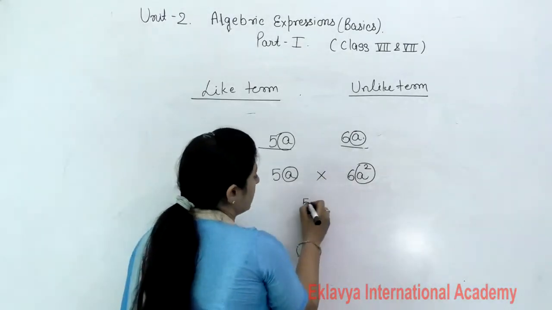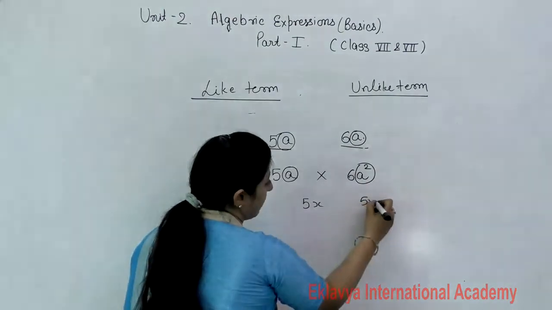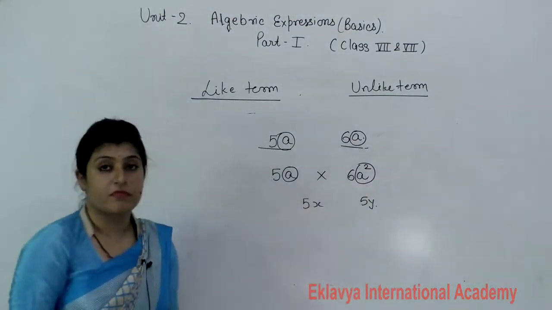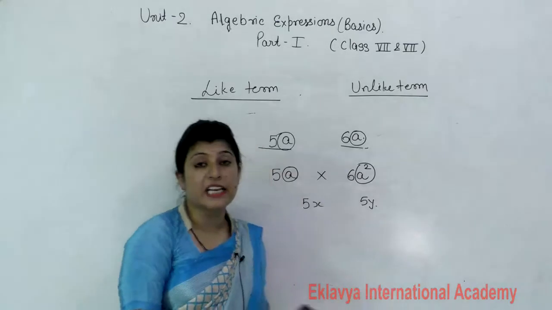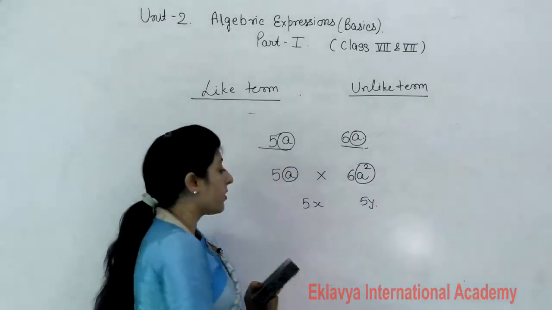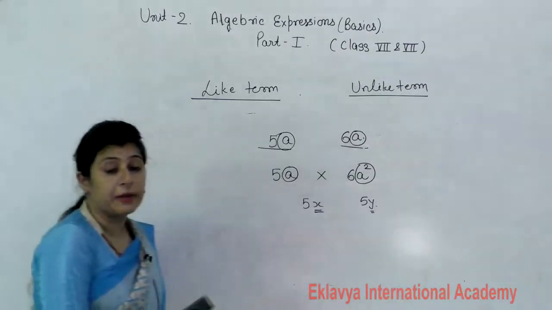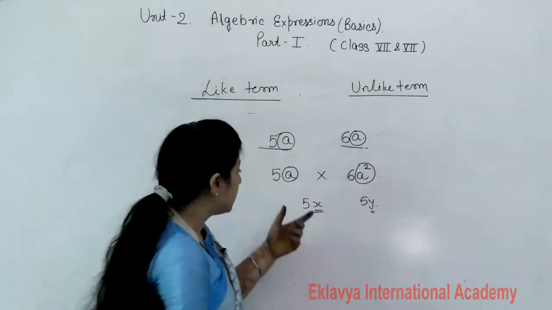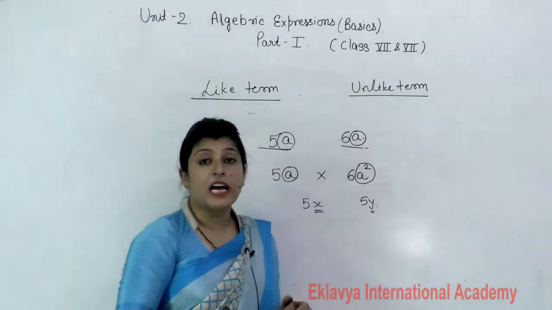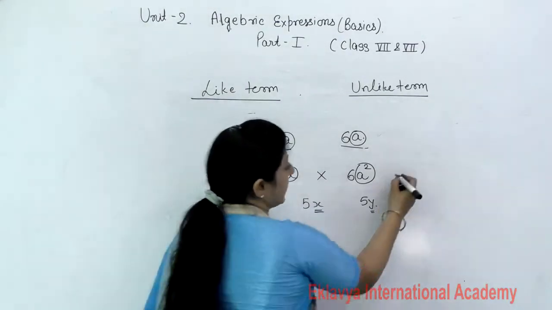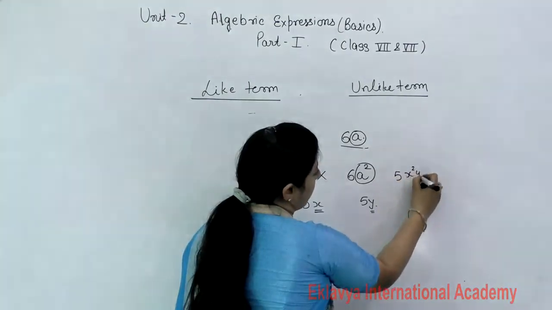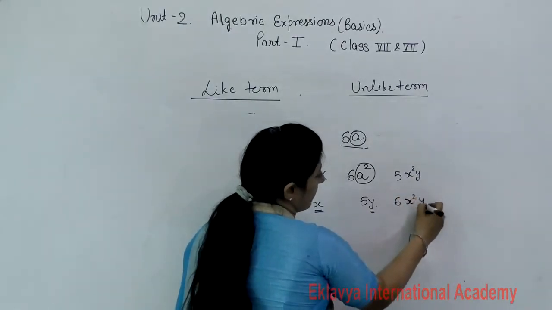Suppose I write down 5x and 5y. Can I say that these are like terms? No, because they have different variables. That's why these are unlike terms. Suppose I write down 5x square y, 6x square y.